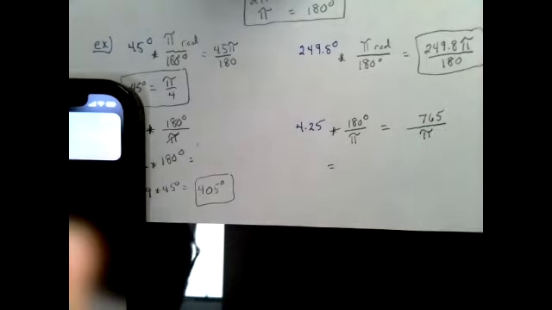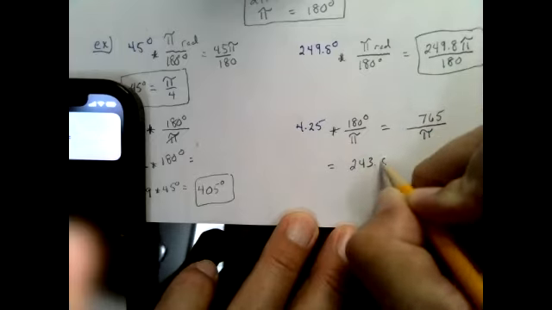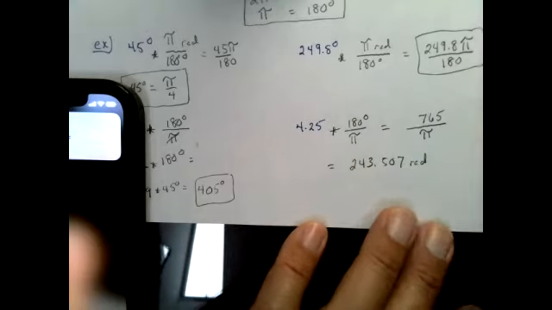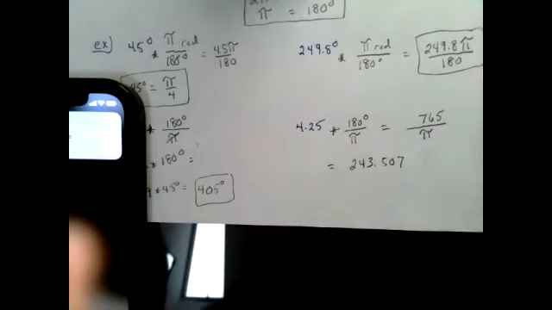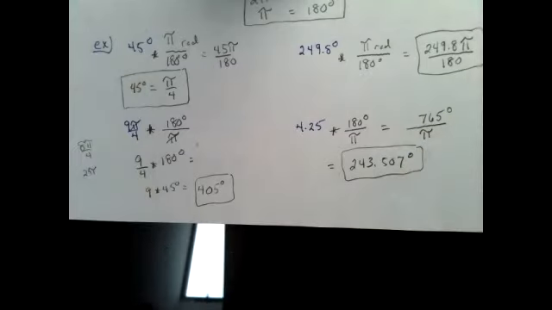Hey Siri, what is 765 divided by pi? 765 divided by 3.1415 is about 243.507. Oops. Pardon me. Degrees. We had started with radians and we ended up with degrees.